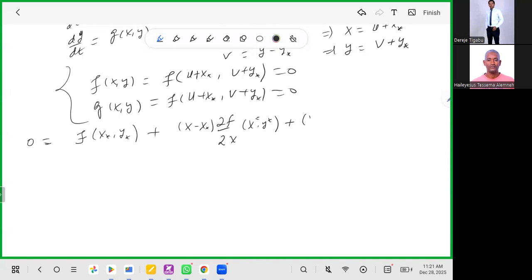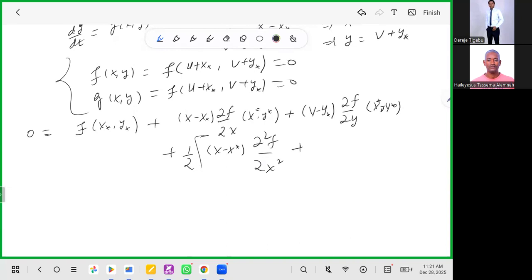plus (y minus y star) times the partial derivative of f with respect to y evaluated at (x star, y star), plus 1/2 times (x minus x star) squared times the second partial derivative with respect to x, plus (y minus y star) squared times the second partial derivative with respect to y, plus the mixed term, (x minus x star) times (y minus y star) times the second partial derivative with respect to x and y, plus higher terms.